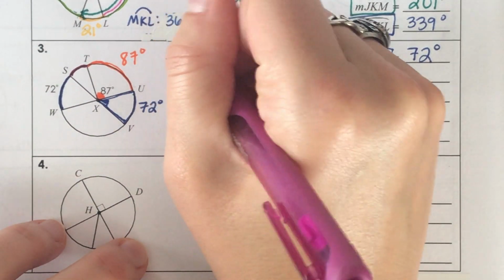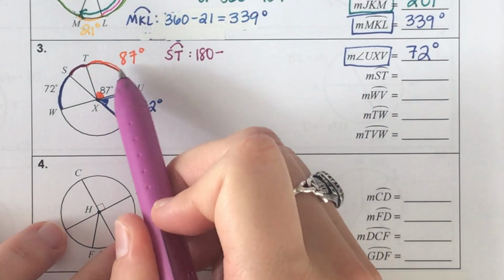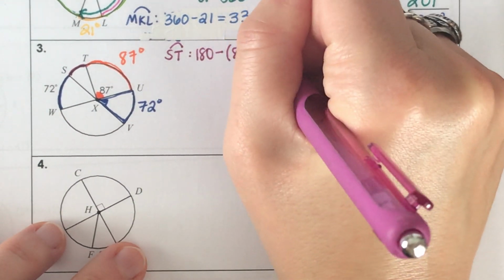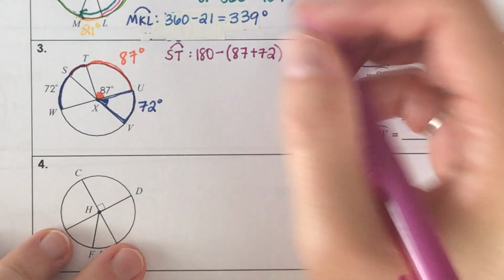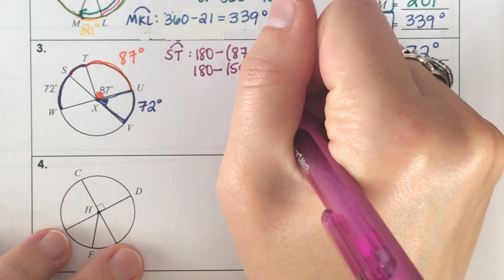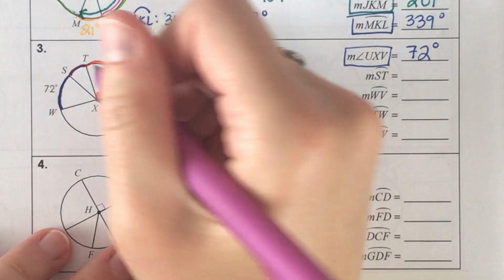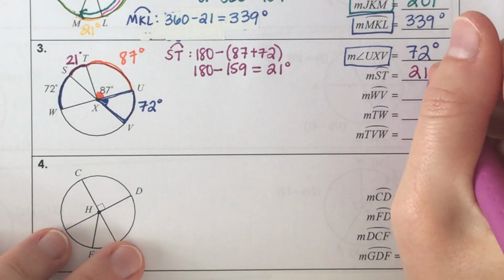So to figure that out, I can do 180 minus these two angles that are here, 87 and 72. If I add those together, I'm really doing 180 minus 159 degrees, and I end up getting 21 degrees. So this little piece over here is 21 degrees.